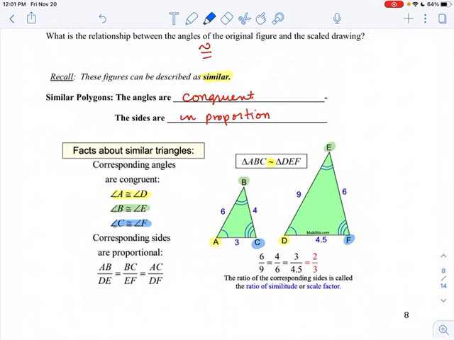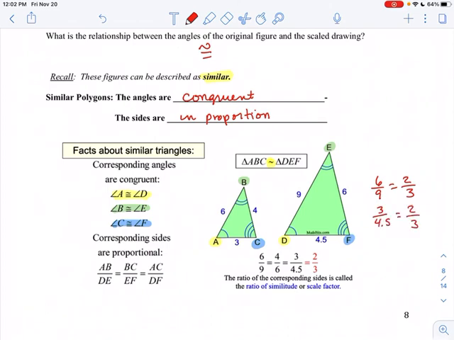If you look at each of these sides, like the AB and DE, AB is 6 and DE is 9, 6/9, okay? And if I was to reduce 6/9, 6/9 reduces to 2/3. And if I take the 3 and the 4.5, it also reduces to 2/3.